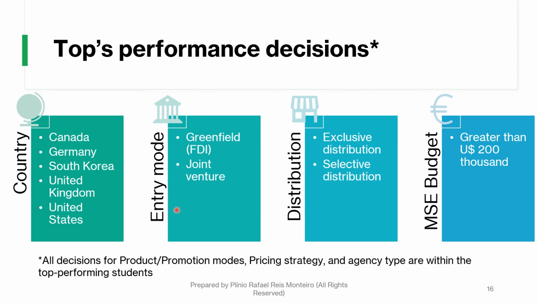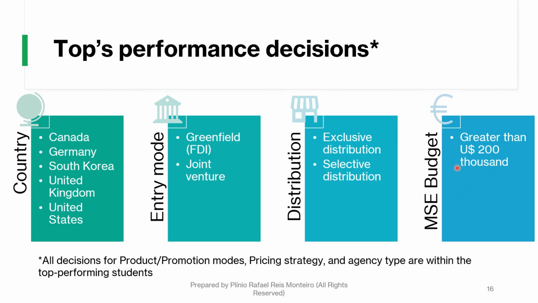They chose one of these entry modes, greenfield and joint venture. They chose one of these 2 distribution strategies, exclusive distribution or selective distribution. So there is no intensive distribution in the top performance decisions.